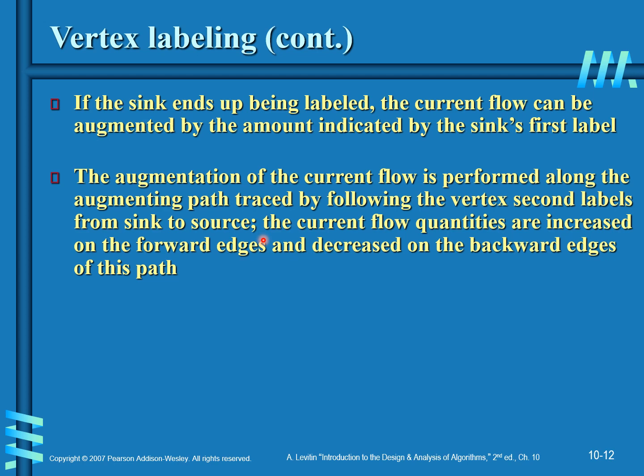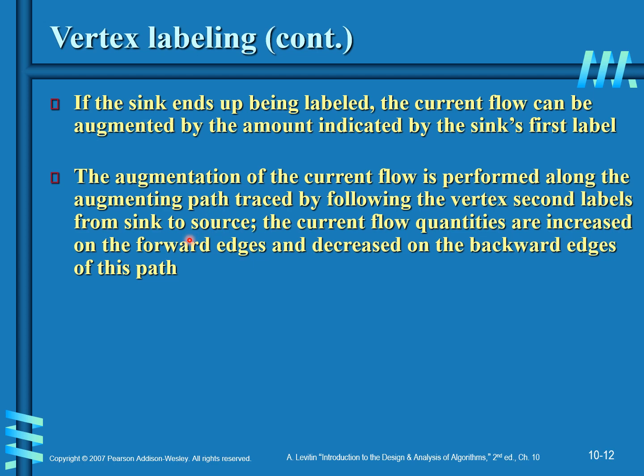That is, you have some augmenting path, no? So you have to start from the sink up to the source. You have to look up the second label from sink to source. The current flow quantities are increased on the forward edges and decreased on backward edges. Okay, so we'll discuss this with one example.